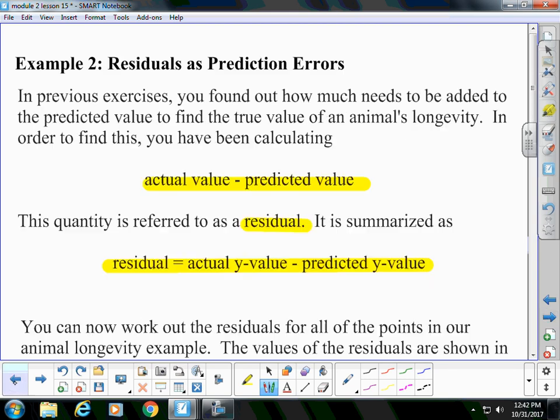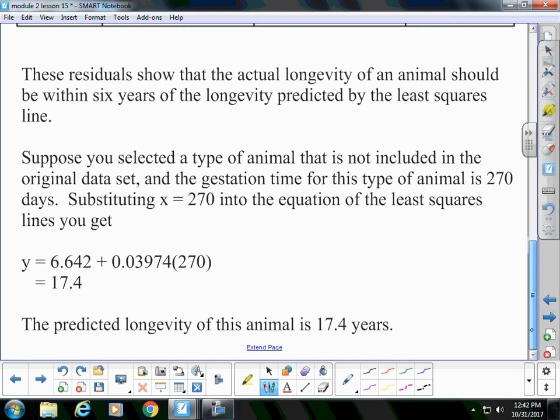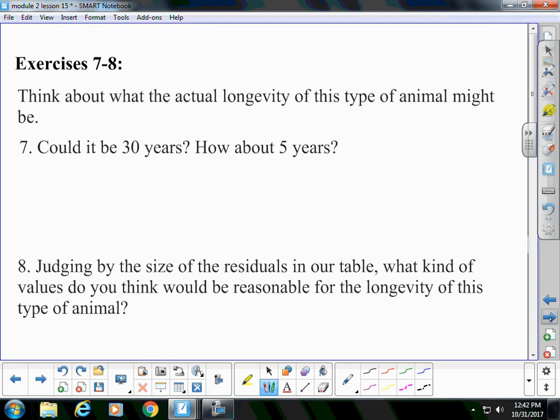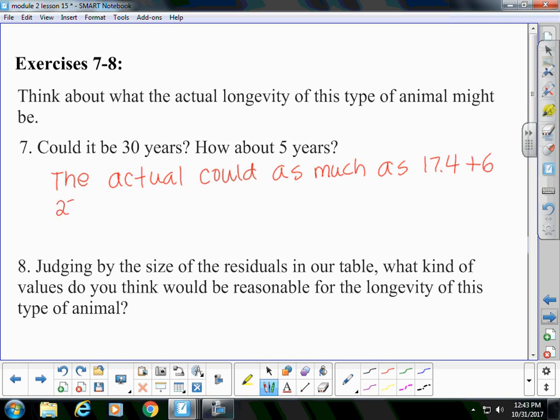According to the error that line has, at most it's going to be off by 6 years. So if the predicted value is 17.4 years, the actual could be as much as 17.4 plus 6, which comes out to 23.6 years, or as small as 17.4 minus 6.